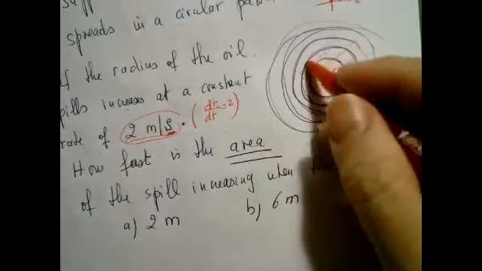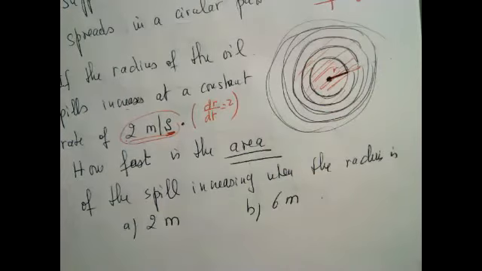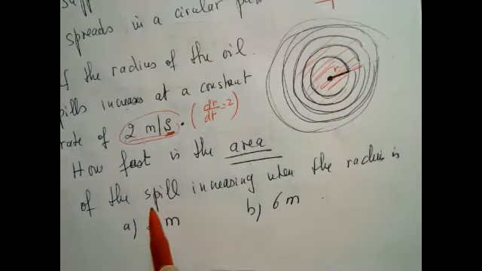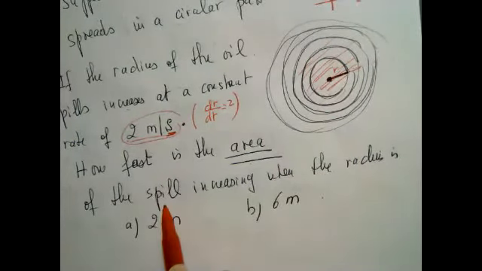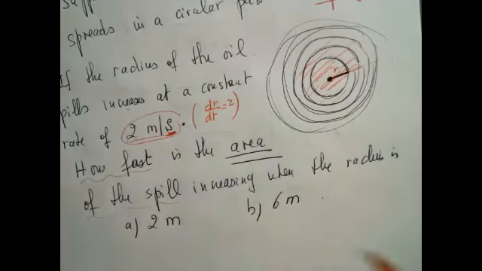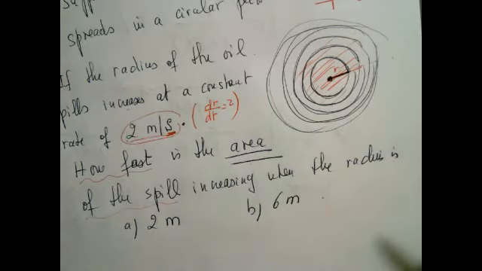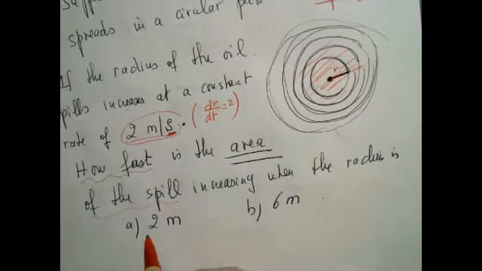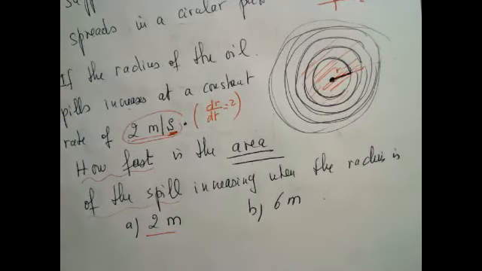It's increasing, increasing, increasing. Any question about how fast is really a question about the derivative. So with respect to time, how fast is the area increasing? Is it increasing by 1 centimeter squared per second, 2 centimeters squared per second, when the radius is 2 meters? That's really the idea here.